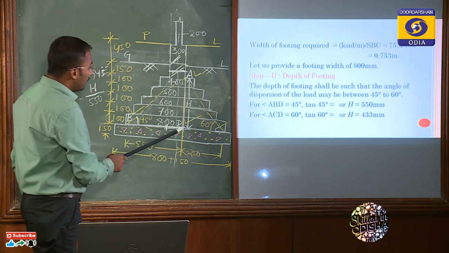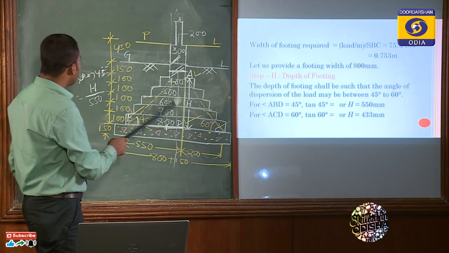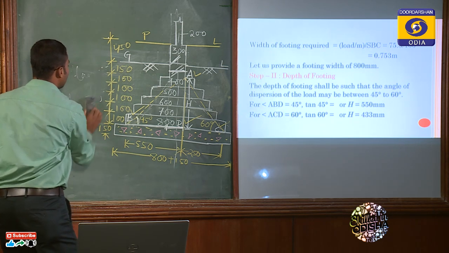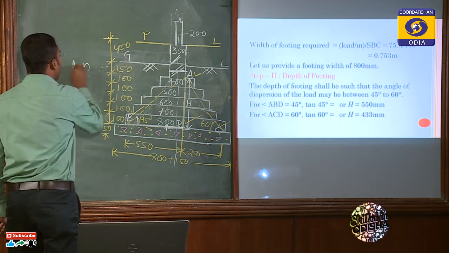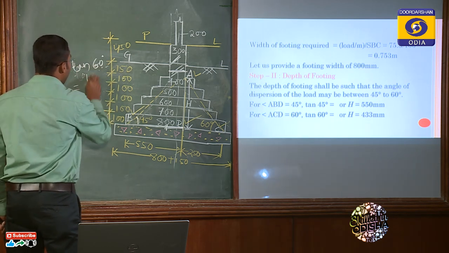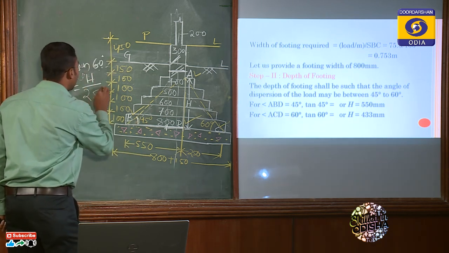So H here in this triangle ACD, tan 60 degree will be H by 250.